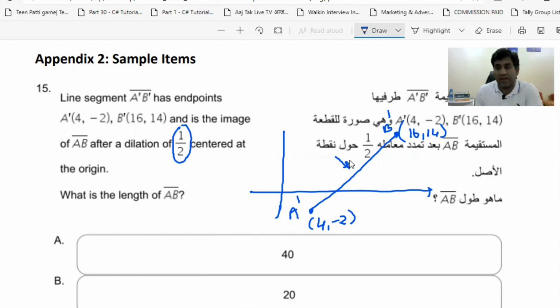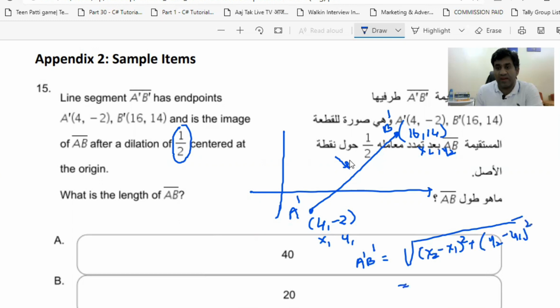How do you calculate its length? You can use the distance formula. This is the way of calculating the length of a line segment. The distance formula says, if this is x1, y1 and this I take as x2, y2, the length of A dash B dash can be written as the square root of x2 minus x1 square plus y2 minus y1 square.